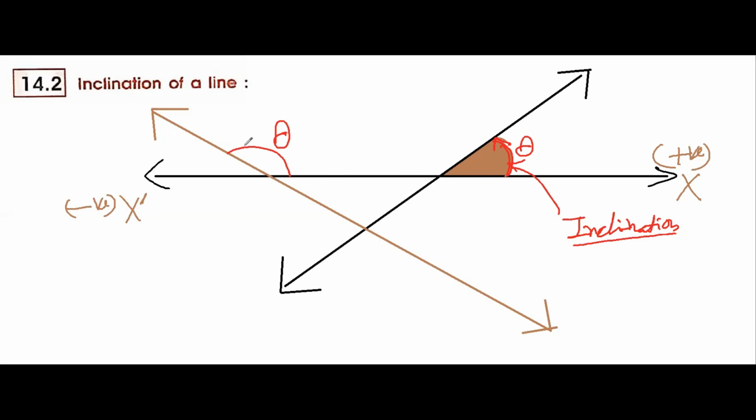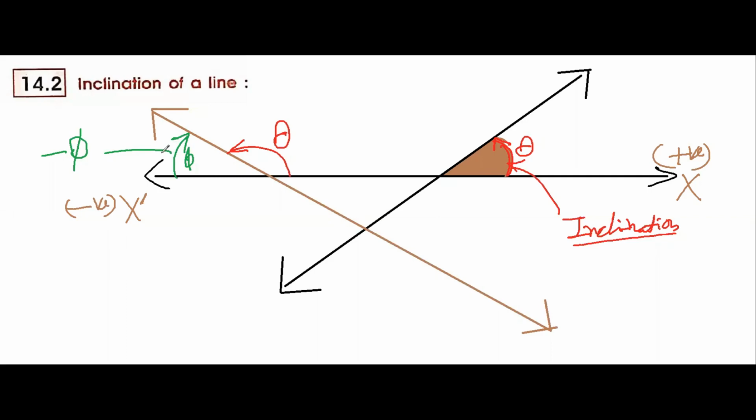But if you are measuring from the negative direction of the x-axis, then I will refer to this as minus some angle, say minus phi. I cannot say theta because I have used theta here. So minus phi indicates that this angle is measured from the negative direction of the x-axis.